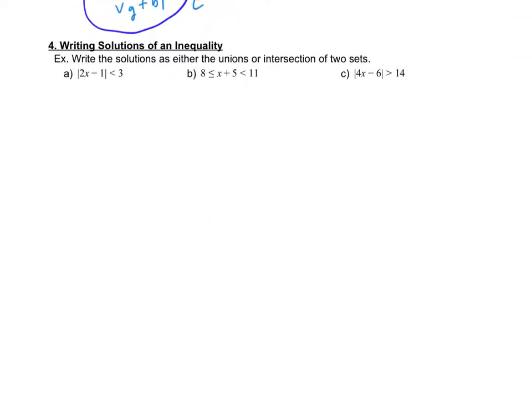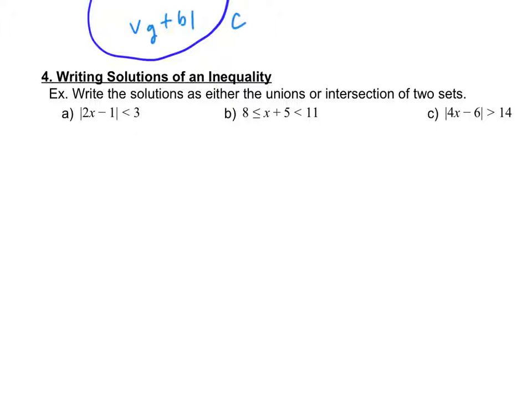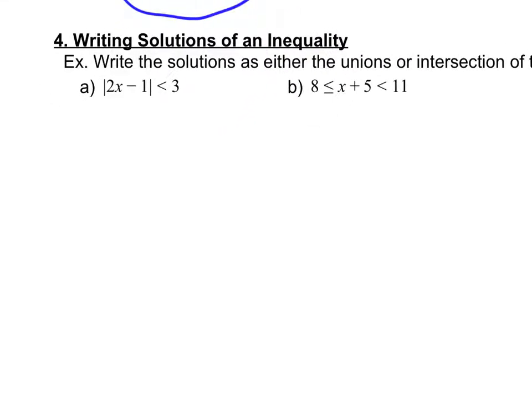All right, so writing solutions of an inequality. As we are writing solutions for an inequality, we can go ahead and solve the inequality first, and then we're going to identify it as either a union or an intersection of the two sets. So we can rewrite this absolute value as we learned before as -3 is less than 2x minus 1, which is less than 3.